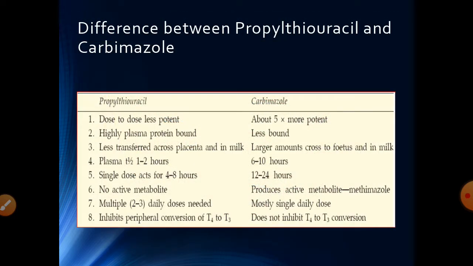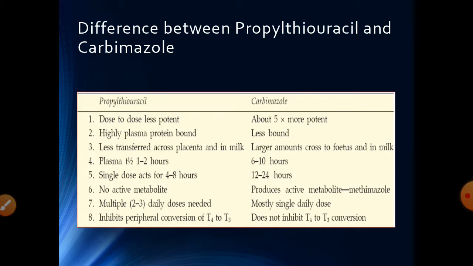Next is the comparison. Comparison is a must. I must say that propylthiouracil and carbimazole questions could be asked, like once there was an assertion and reason, they were given assertion for propylthiouracil, and we had to find out which one of the following is wrong. So you have to learn this properly.